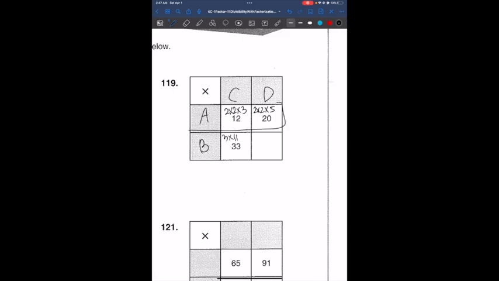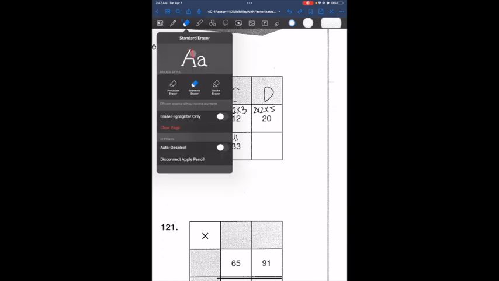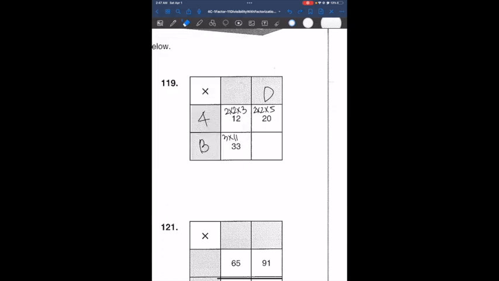So horizontally, we have 2 times 2 that's involved for both. So we know that A is going to be 4. And vertically, we know that 3 is involved for both. So C is going to be 3. And we can confirm that because 3 times 4 is 12.